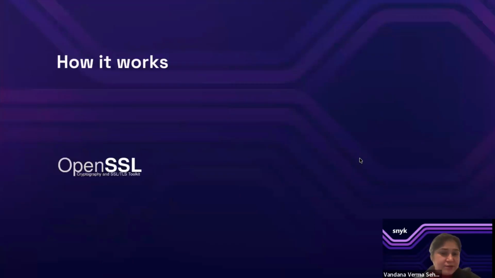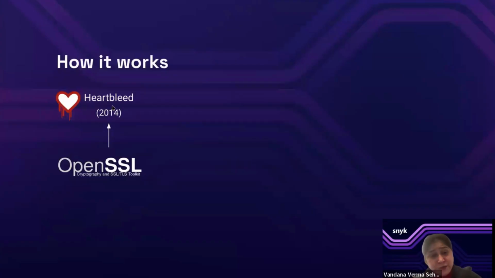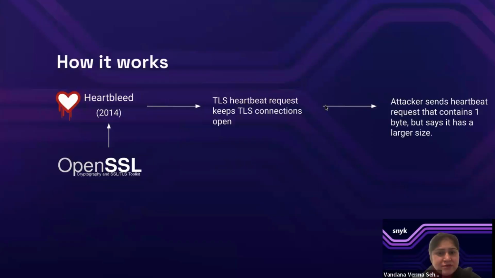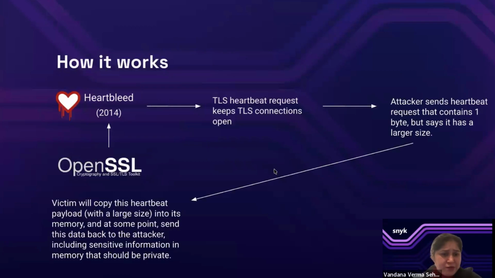And how does it work? If you talk about OpenSSL, this happened in 2014, and if we are still talking about it, that means these things are still relevant. These issues can creep up at any given point of time. And then the whole thing with Heartbleed, where the TLS Heartbeat request, when we started connections, was just sharing the data, and we were able to play around with it.